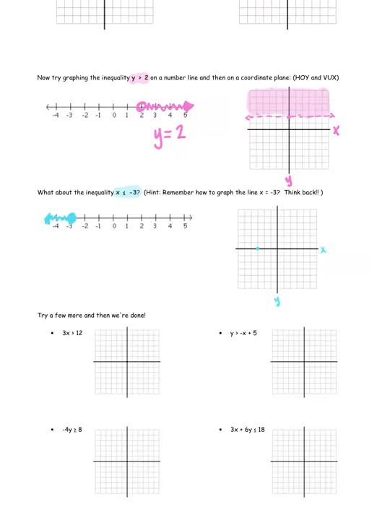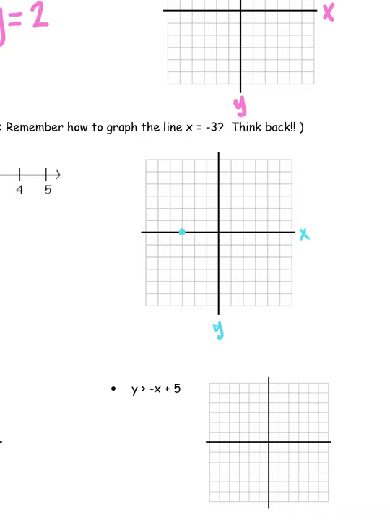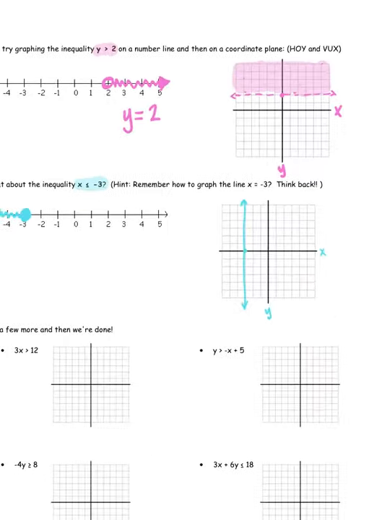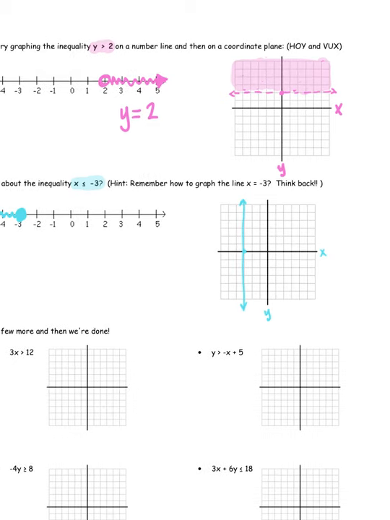And in this case, it's less than or equal to, so that means my line is going to be solid. So a straight line. And I want all numbers less than or equal to -3. And here's where it kind of goes against what we've been saying, to shade above the line or below the line. There is not really above or below the line.